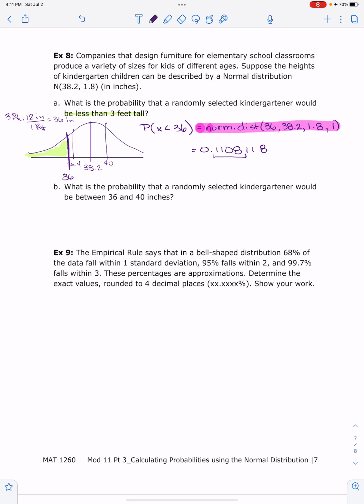Again, we are rounding to 4 places. I take a look at the 5th place. That is less than 5. So I get 0.1108.